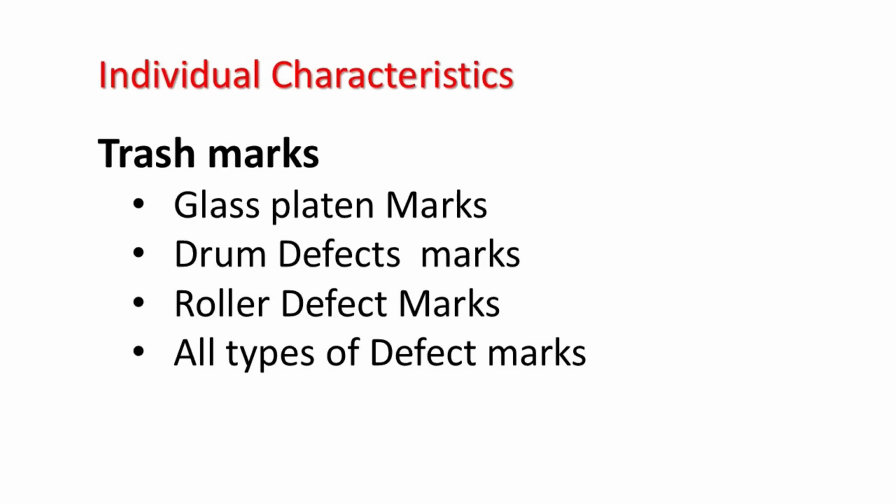The next stage is to go for individual characteristics, because individual characteristics are the features on the disputed document that can be used to link the disputed document with the specific machine that produced it.